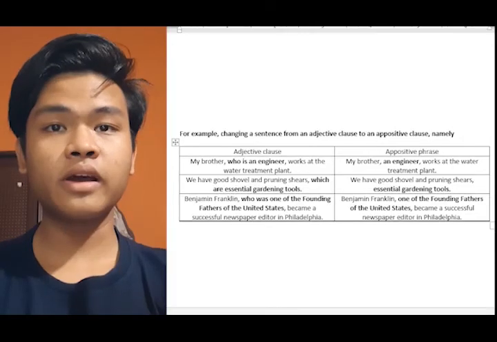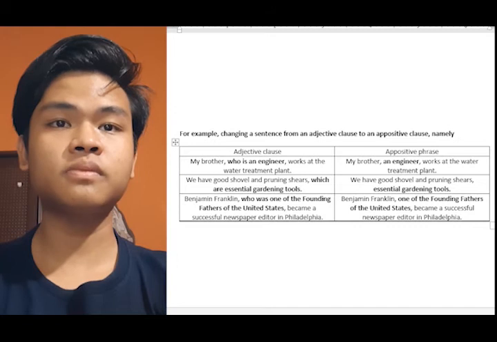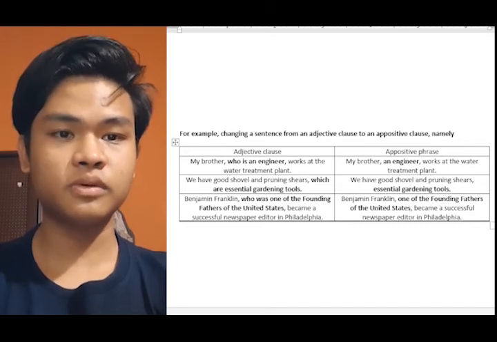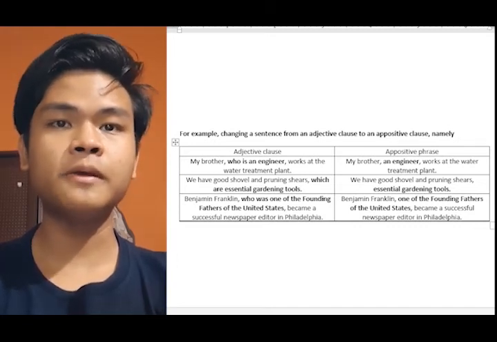This is the formula for an adjective clause and an appositive phrase. The adjective clause has the following formula: relative pronoun plus verb be and noun. While the appositive has the following formula: it is not followed by a relative pronoun and verb be. For example, changing a sentence from an adjective clause to an appositive phrase.